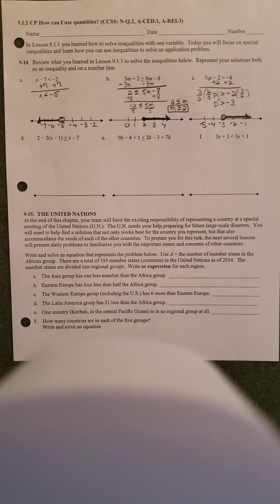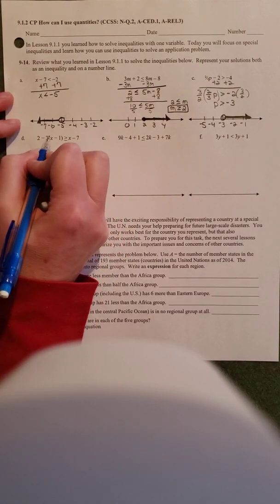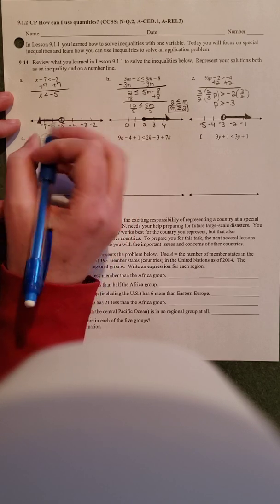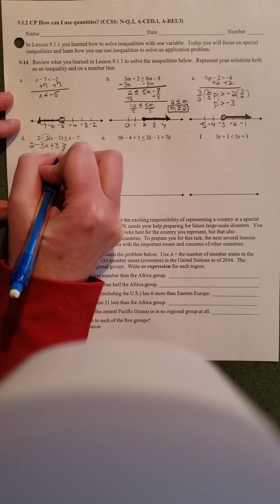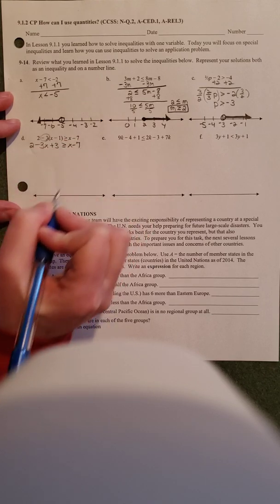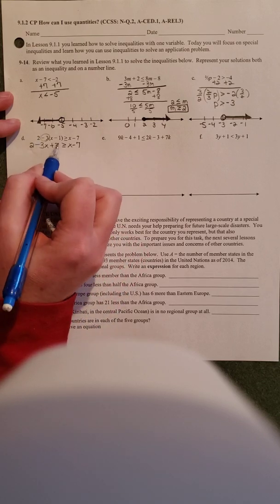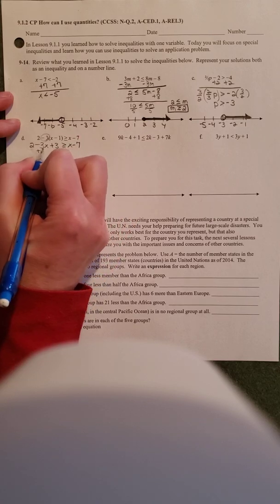All right, now we're getting a little trickier here. Got to be careful with these negatives. So I've got a -3 here to distribute. So I'm going to have 2 minus 3x plus 3 is greater than or equal to x minus 7. I'm going to combine the 2 and the 3 and move this 3x all in the same step.